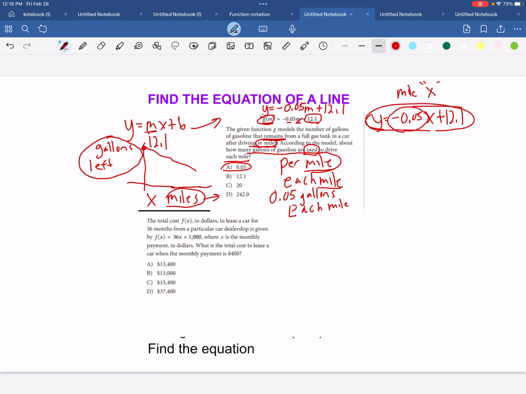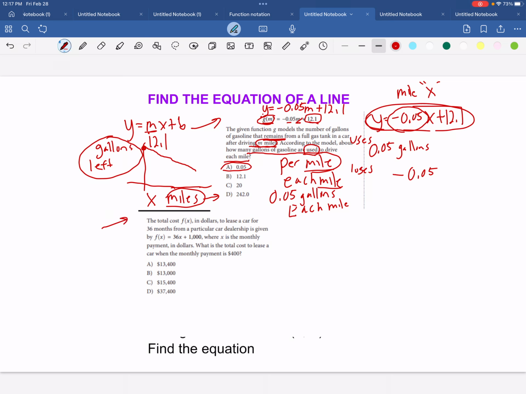How many gallons of gas are used up? So it uses up 0.05 gallons every mile. So it uses, meaning it loses, meaning in the equation, yes, it's minus 0.05. But when they ask us how much is it using per mile, it's using 0.05 gallons.